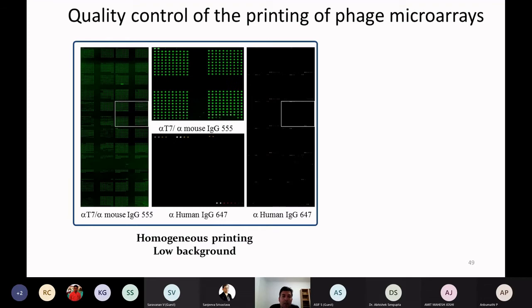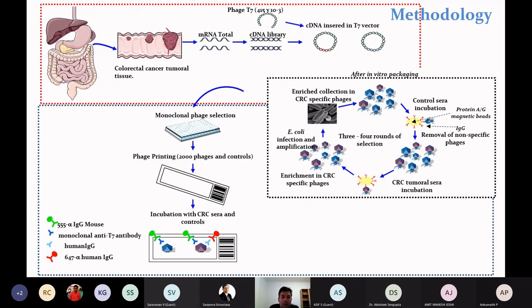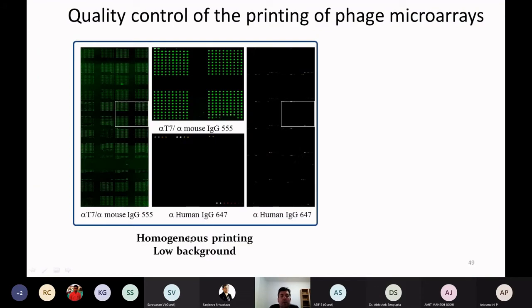This is the quality control of these arrays printed with the phages, and as you can see in the image, the array containing 2,000 phages and controls in duplicate was really homogeneous in intensity of the presence of the phages, and also with the secondary antibody, the anti-human IgG conjugated with Alexa 647, we observed the presence of a low background.